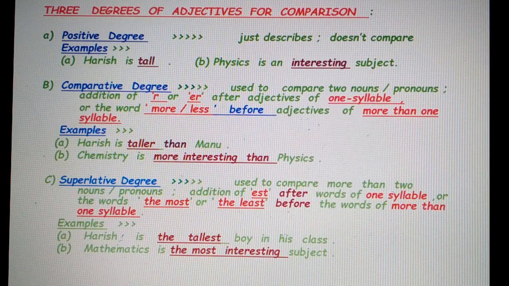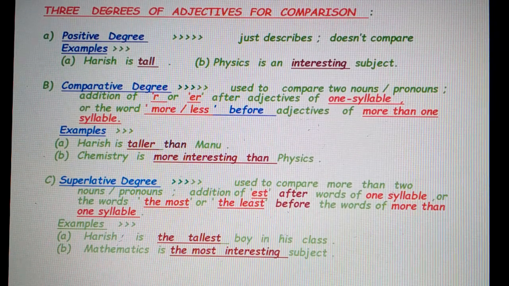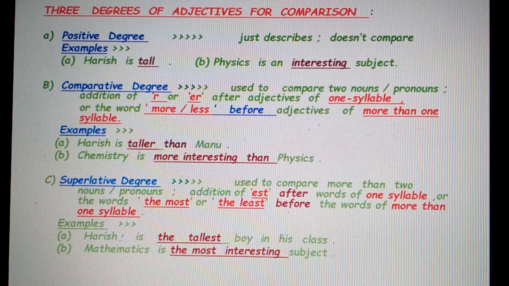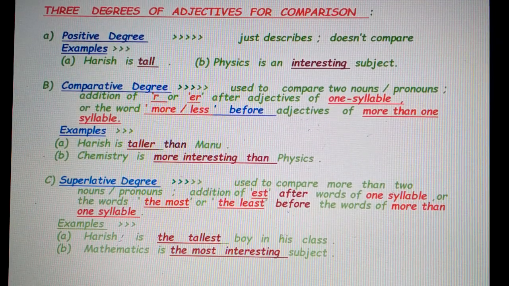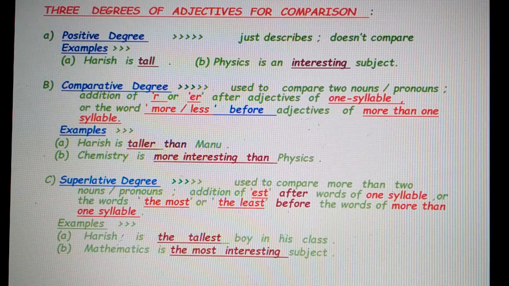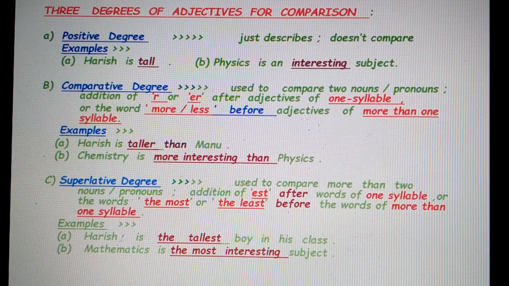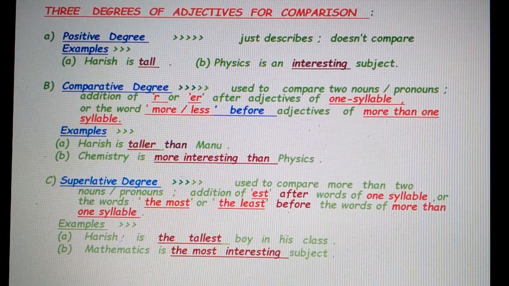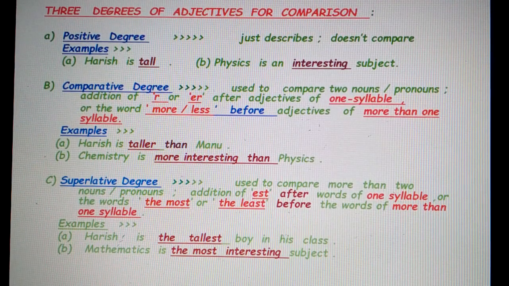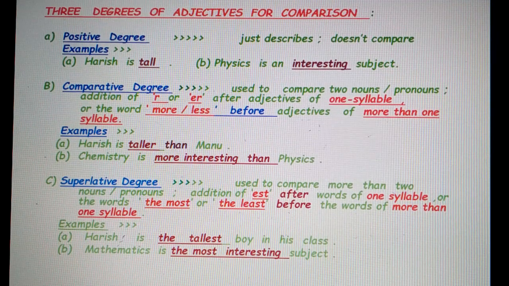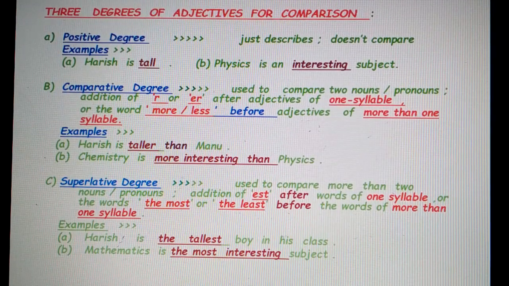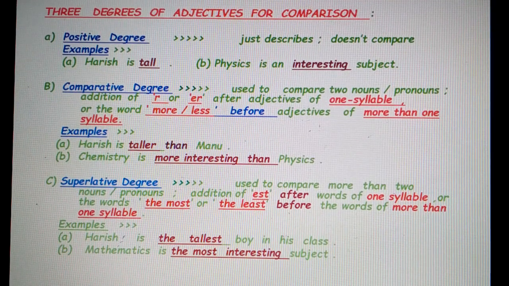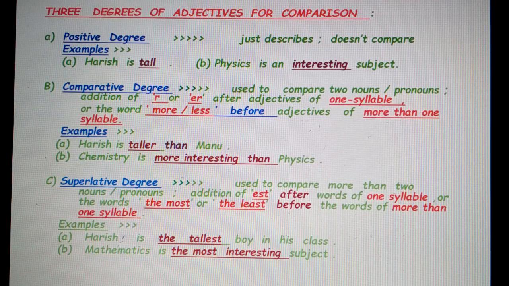It may be 2, it may be 3, it may be more than 3, 4, 5, 6. Yes, there are very long words which have 6 or 7 syllables. So, we first have to decide the syllables of the adjective, and then decide what to add, whether R or ER or the word more or the word less before the adjectives of more than one syllable. For example, Harish is taller than Manu.